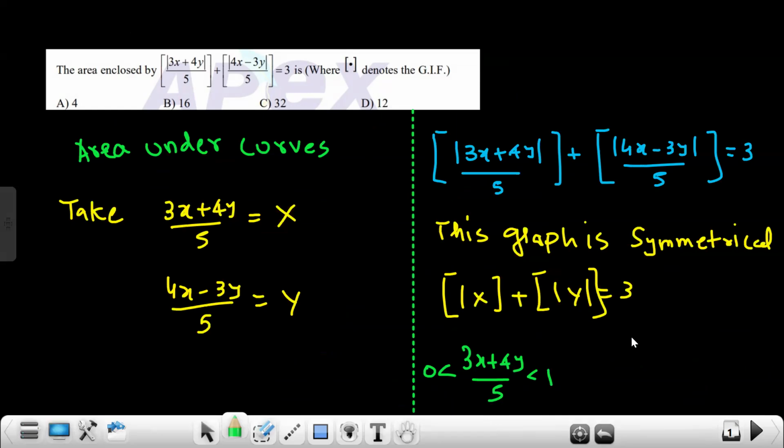That means 3x plus 4y less than 5 and 3x plus 4y greater than 0.